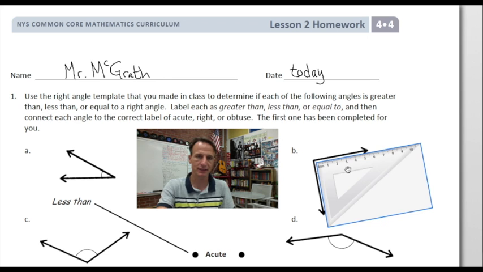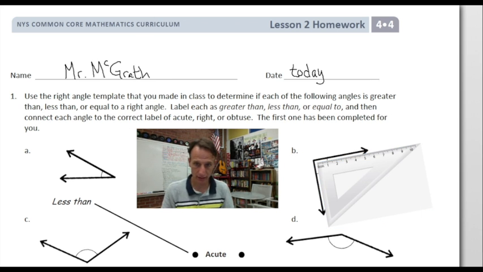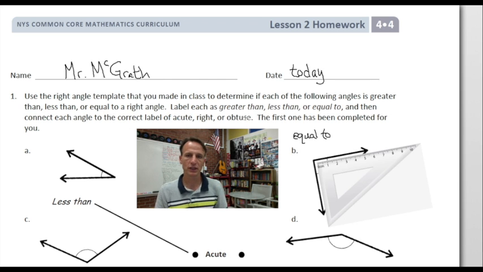Yes, it is equal to. So for B, well, that wasn't quite as clunky as I thought it would be. B is equal to, because you see, label each as greater than, less than, or equal to. So B is equal to a right angle.